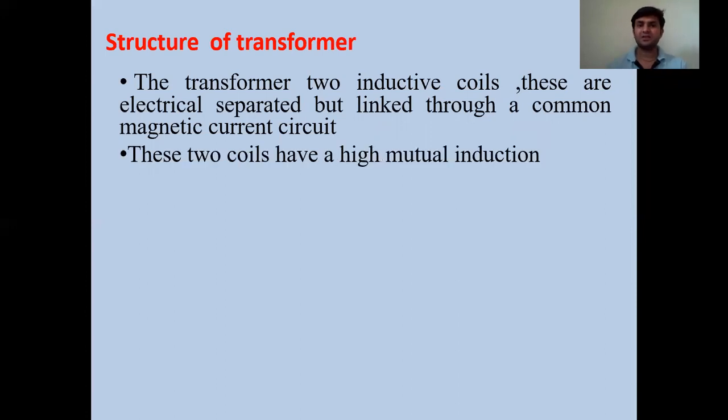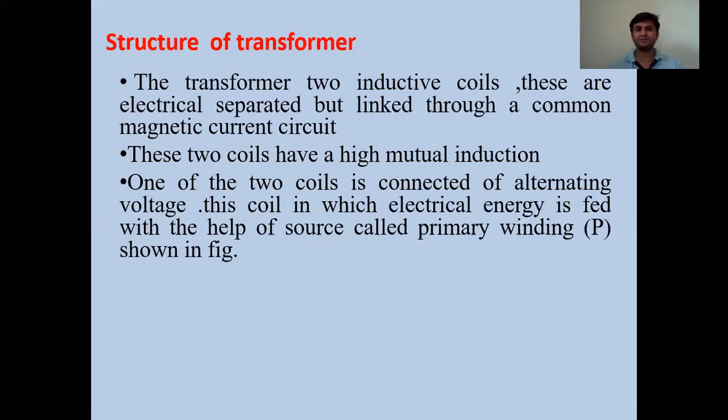The transformer has two inductive coils that are electrically separated but linked through a common magnetic circuit. These two coils have high mutual induction.